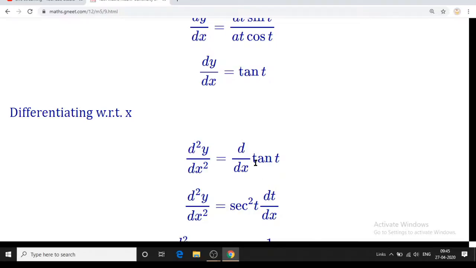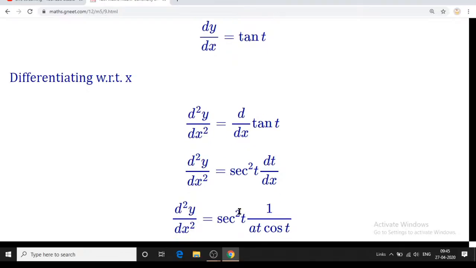Now the derivative of tan is sec square, so that is sec square t, and the derivative of t with respect to x is dt by dx. So d2y by dx square is sec square t times dt by dx. Now we don't know the value of dt by dx. We have calculated the value of dx by dt. So dt by dx will be the reciprocal of dx by dt.